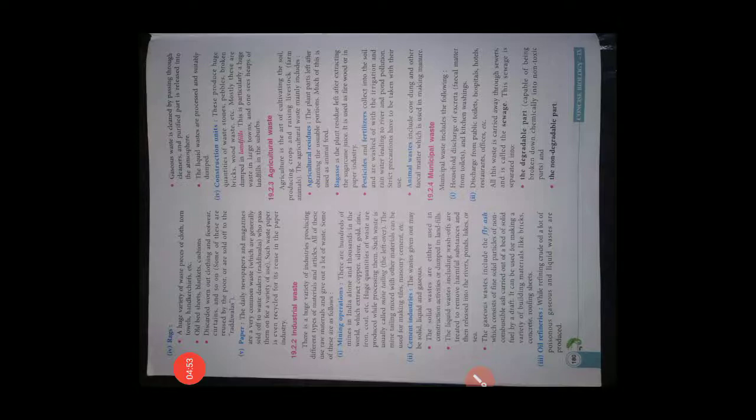Every day the people from the municipal corporation come, they separately load it in a truck, and take it to the main treatment area where they treat the biodegradable and non-biodegradable waste separately. These types of systems have started nowadays.